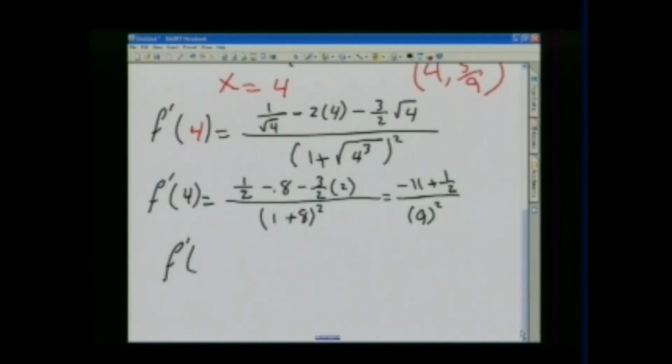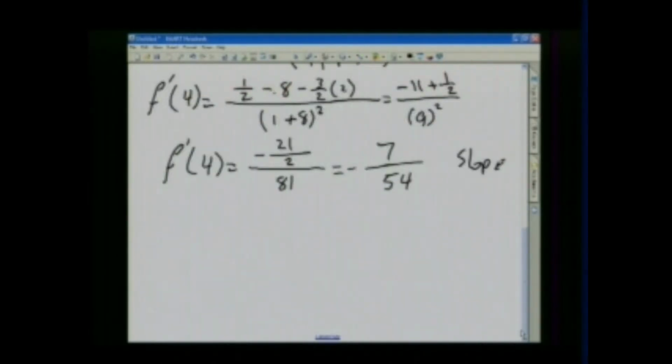So f prime of 4 would be equal to minus 11 plus 1/2, which is minus 21/2, divided by 9 squared, which is 81. Once you simplify this, this would end up minus 7 divided by 54. This is the slope.